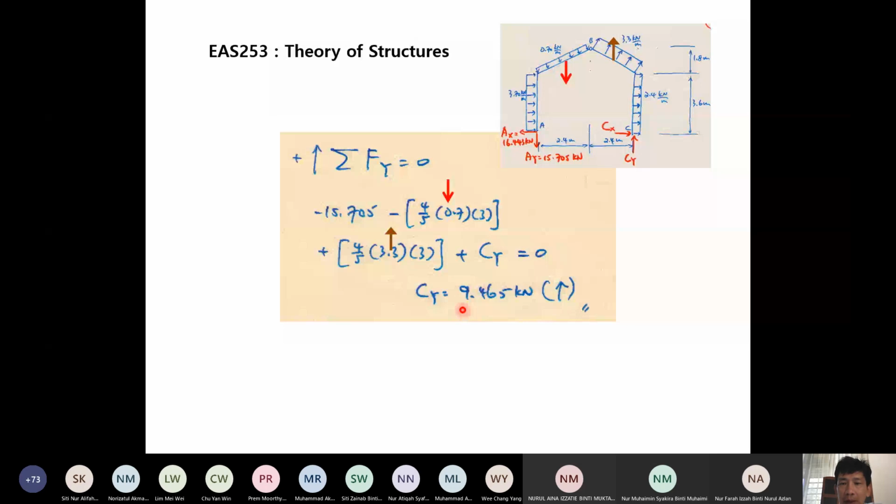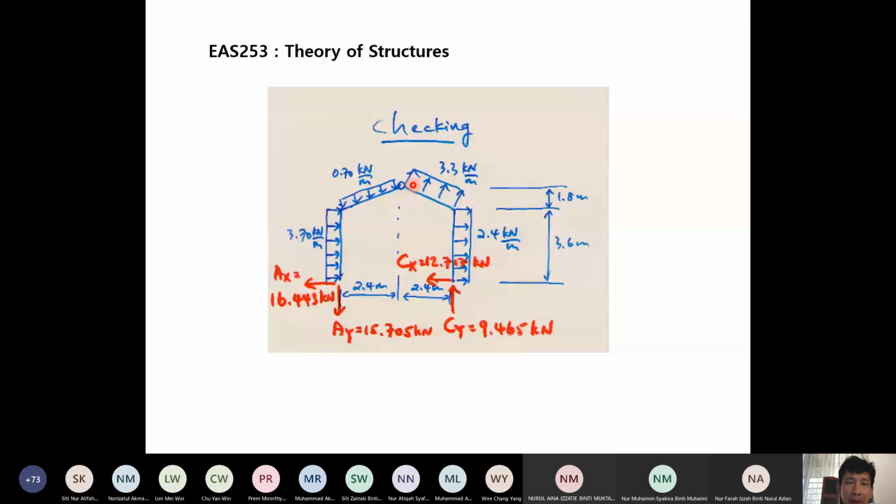So with that you complete all of AX, AY, CX and CY. Then we put them together here. This is the answer that we have already obtained, so that it is clear. The reaction forces here. Then if we want to do checking, we take moment at B, at this hinge here, considering the whole frame.